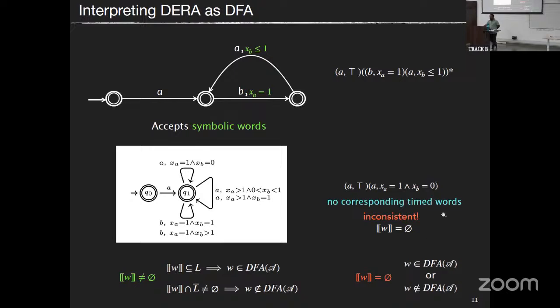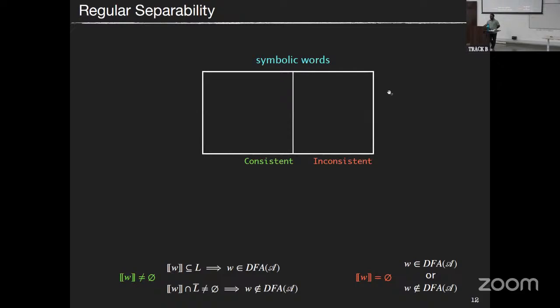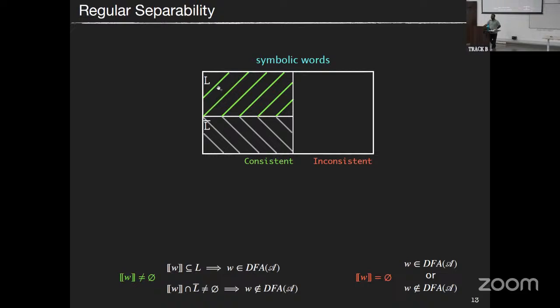Pictorially, let's say this is the set of all symbolic words. You can split this set into two: the set of consistent words and the set of inconsistent words. Then you can further split the consistent box into two, the green and the gray, where the green is the set of all symbolic words which are in the timed language and consistent, and the gray is the complement.